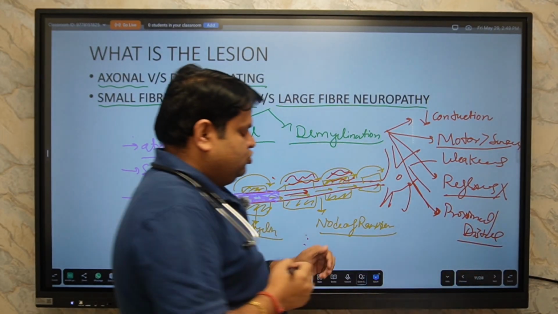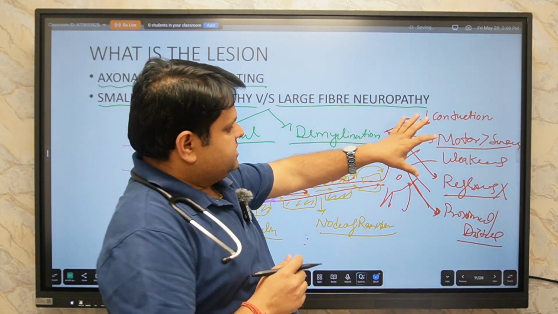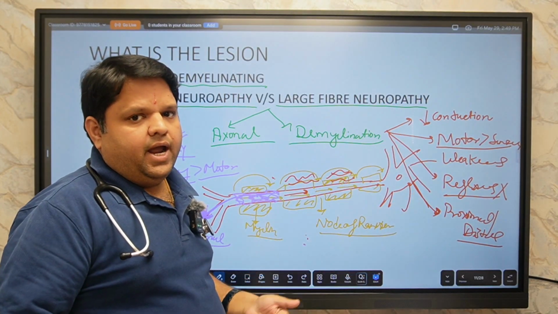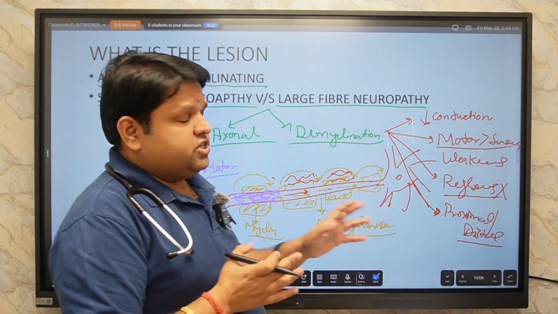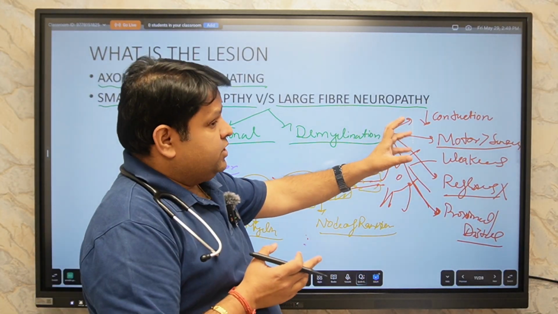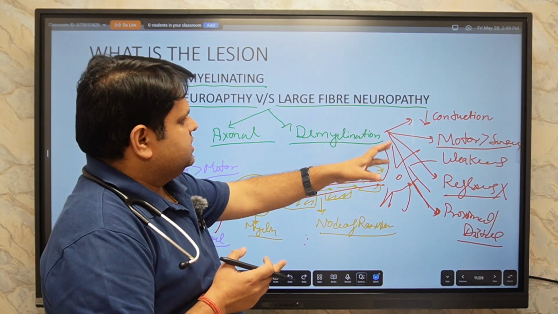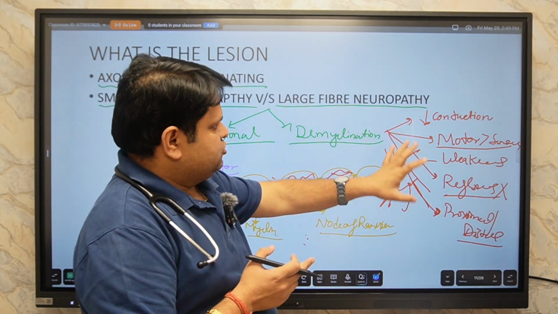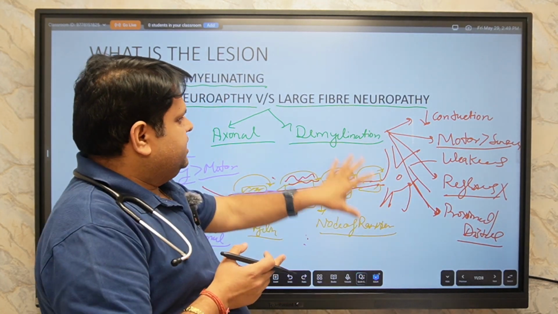Like in Guillain-Barré syndrome or CIDP, there is weakness of both the proximal and the distal parts. Areflexia, weakness is more, motor signs are more as compared to sensory symptoms. But sensory symptoms are also there, and slow conduction is seen in demyelinating neuropathy.